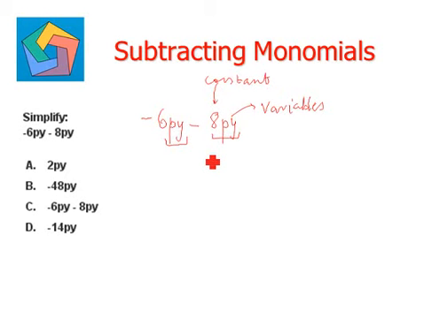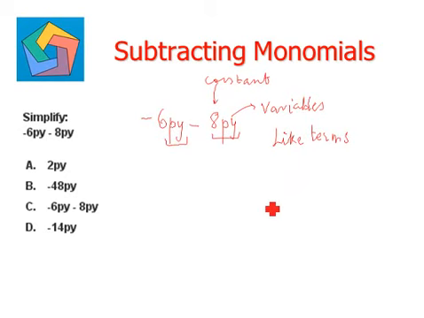So before proceeding, we have to check whether the variables are same or not, that is, whether these are like terms or not. Only like terms can be subtracted and then finally simplified. If they are not, they cannot be simplified.